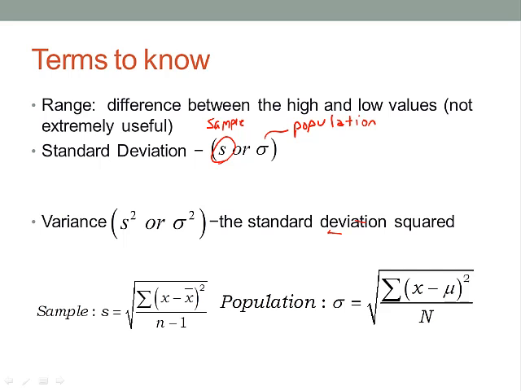And variance, which is occasionally used, particularly in theoretical work, is just the standard deviation squared, represented by s squared or sigma squared.